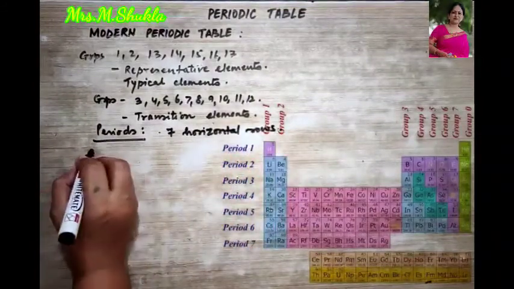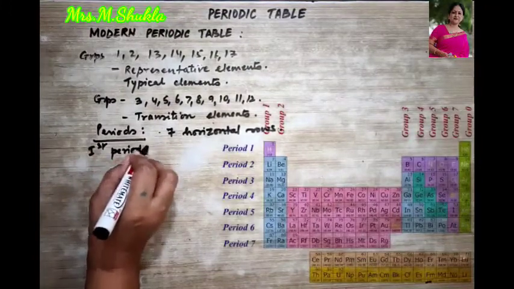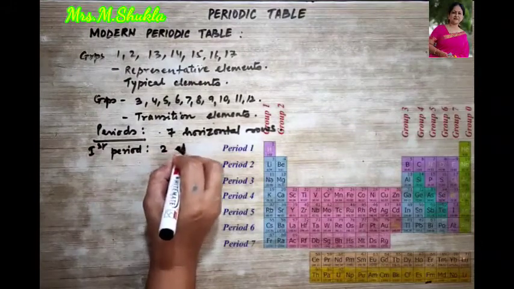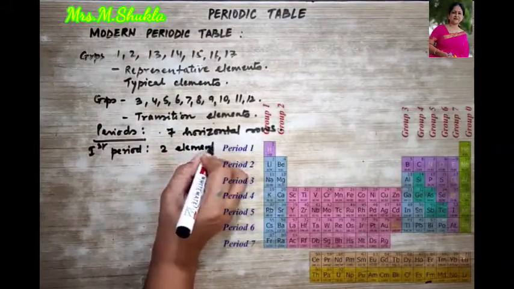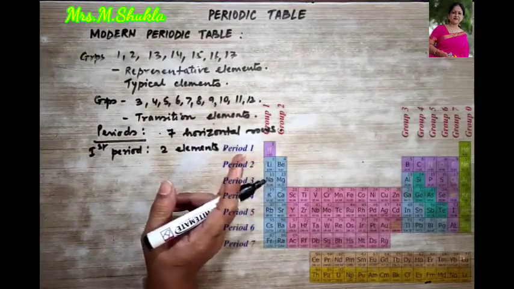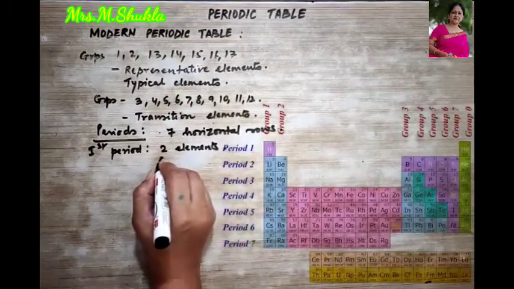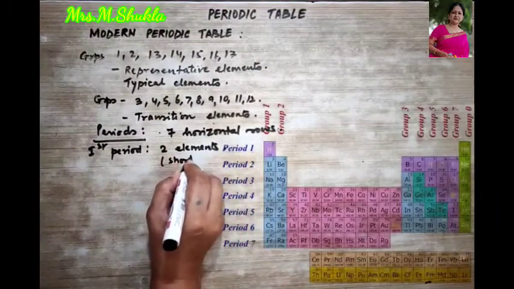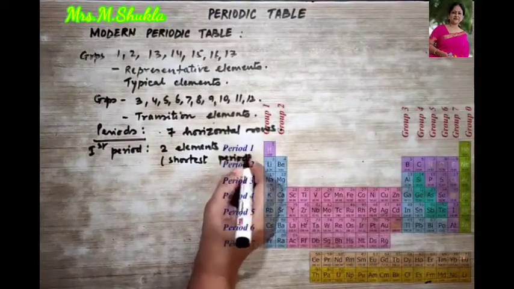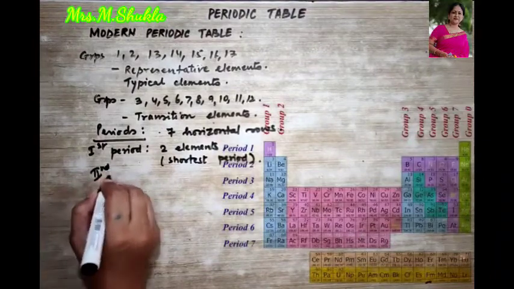So let's see the first period. If you check the periodic table, the first period has just 2 elements. What are those 2 elements? Hydrogen and helium, right? With atomic numbers 1 and 2. So this is termed the shortest period. Then we come to the second period.